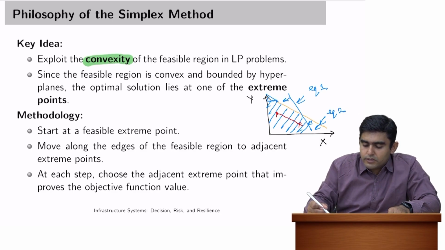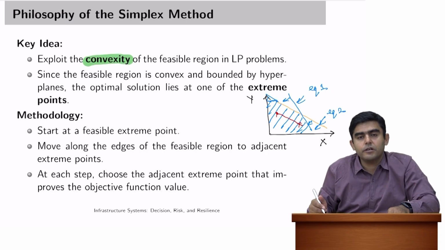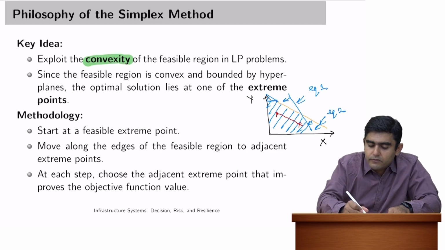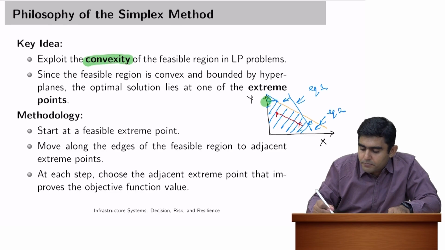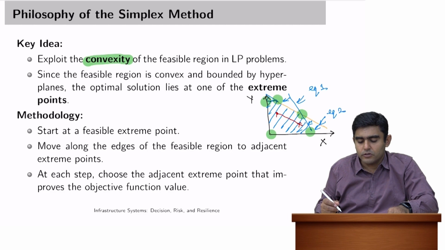So we also learned that whenever feasible region is convex and is bounded by a hyperplane, and in this case the hyperplane is the line itself, as we are talking about the two-dimensional space, the optimal solution would lie at one of the extreme points. So optimal solution would be either here or here or here or here or here. So out of these 5 points, we already have our candidate solutions, and one of them is going to be the optimal solution.